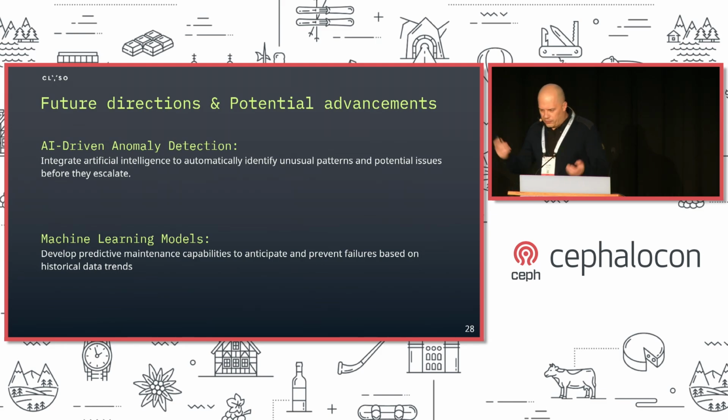For the future, for sure, AI would be cool if somehow AI models can help us understand what is going wrong or what we can improve in our cluster. Yes, everybody speaks about AI, but I think it also makes sense.